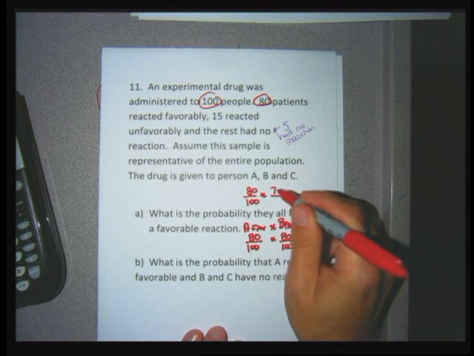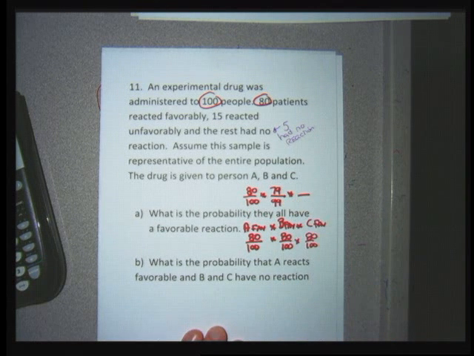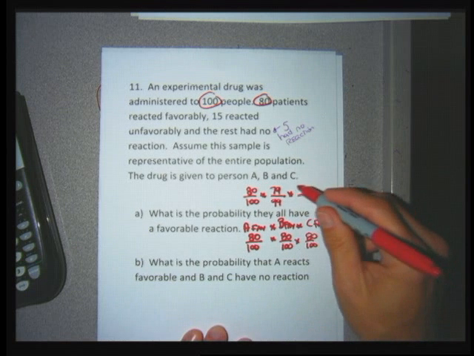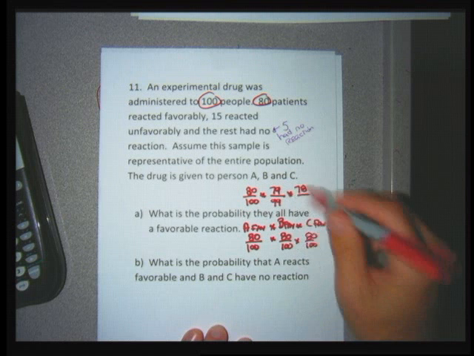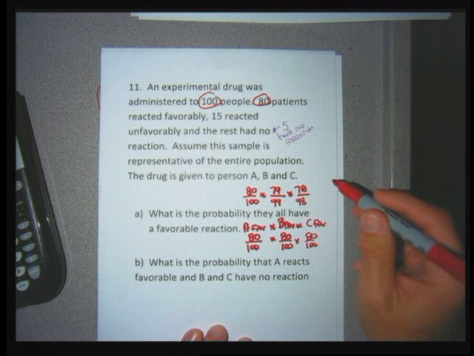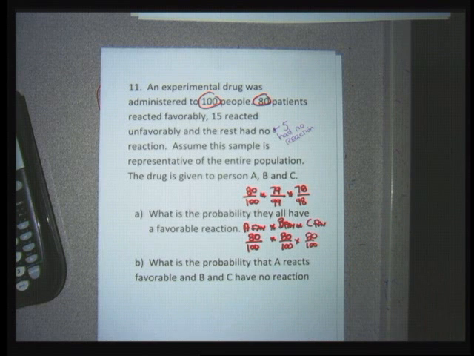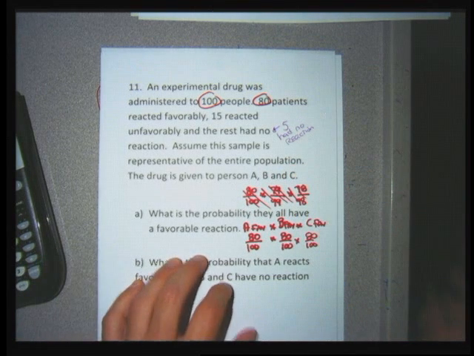I picked one, and so there's only 79 people of the 99 left to pick that tested favorably. And then for the third person, I've picked 2 of the 80, so I have 78 left of the 98 people that I have left. If you did that for your work and gave me that as a fraction, I'd live with it, but it's not what the author wants.